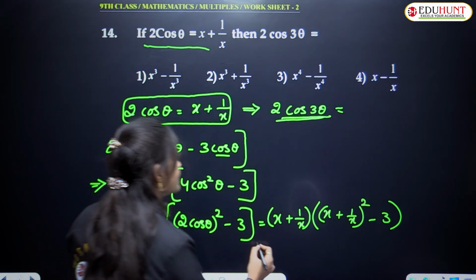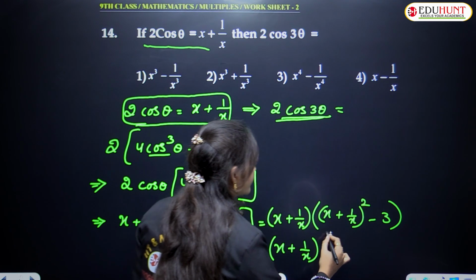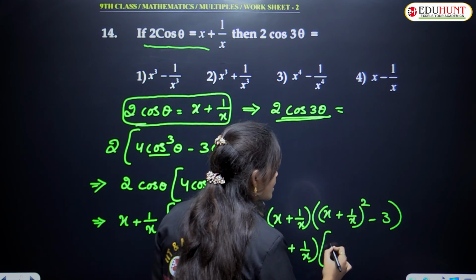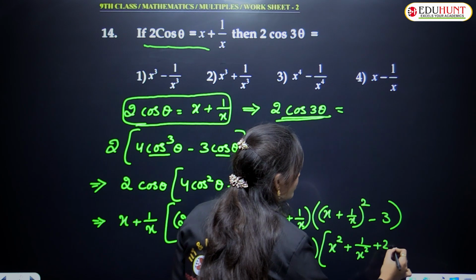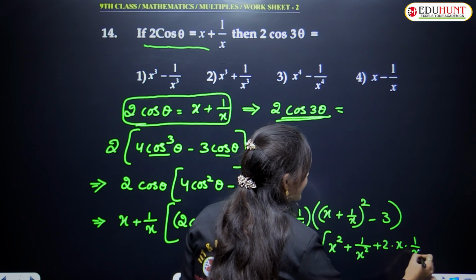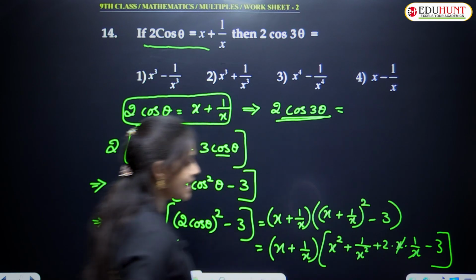Now simplify this. X plus 1 by x into, here x plus 1 by x whole square: x square plus 1 by x square plus 2 into x into 1 by x, minus 3. So x and x get cancelled.